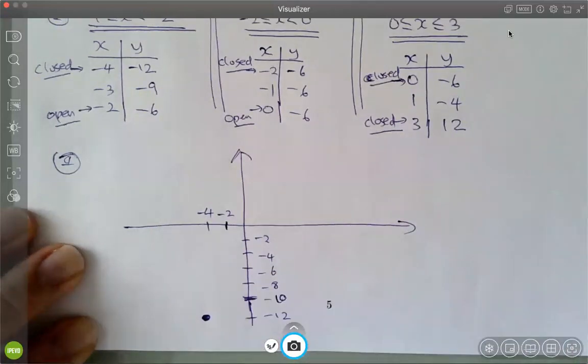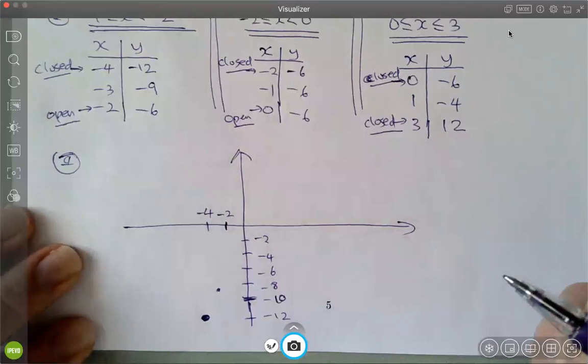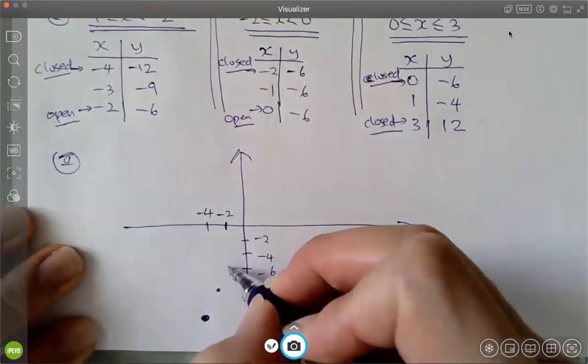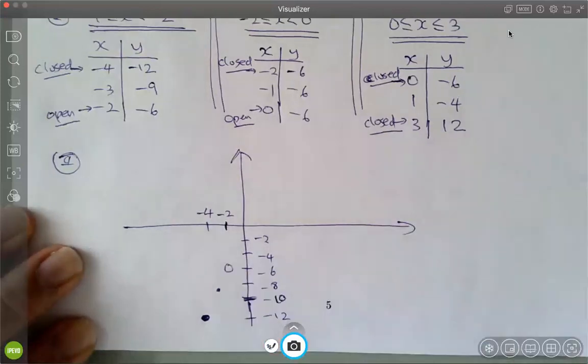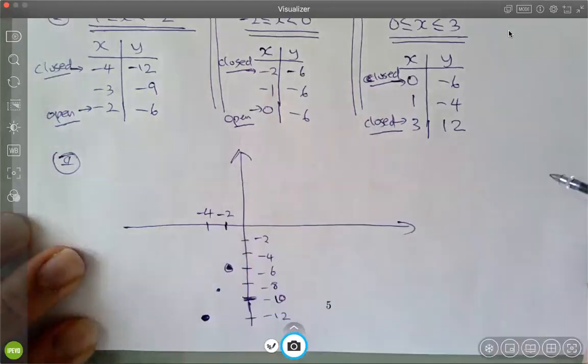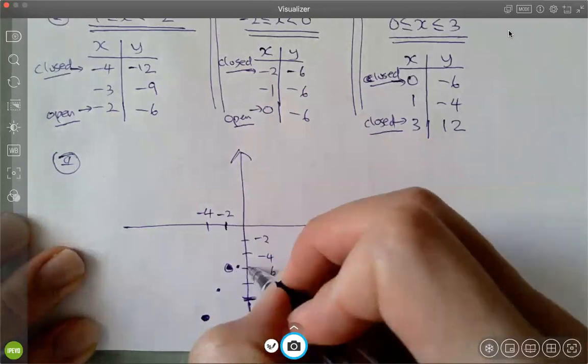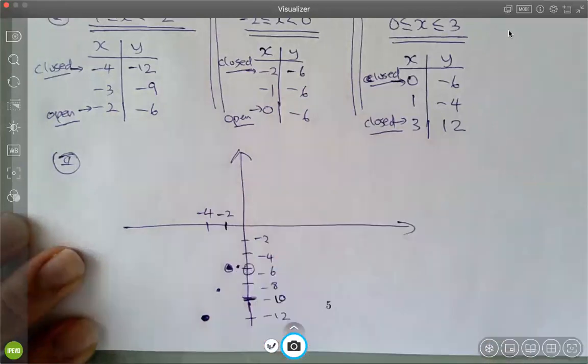And then -3, -9, so that would be somewhere here. -2, -6 is here, and with an open dot. And then -2, -6 is a closed circle. -1, -6 is somewhere here. 0, -6 is right there.